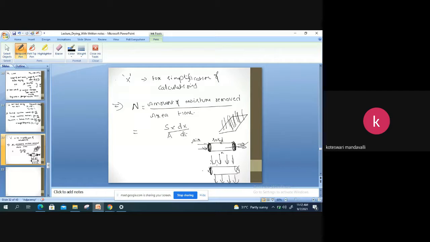And if the drying gas flows across this cylinder like this, you should consider this area and not this area. And this is S into dx.